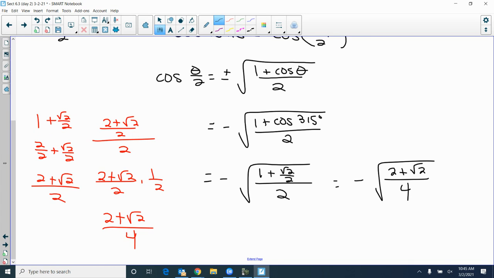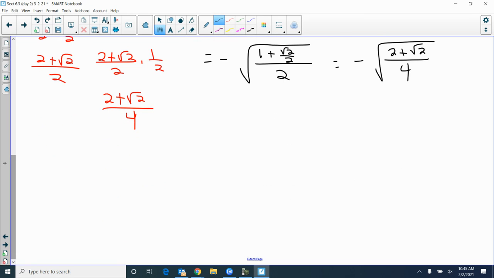So it's not a complex fraction. It does simplify just one additional way. What's the square root of 4? 2. So the cosine of 157.5 degrees is equal to negative square root of 2 plus radical 2 all over 2.